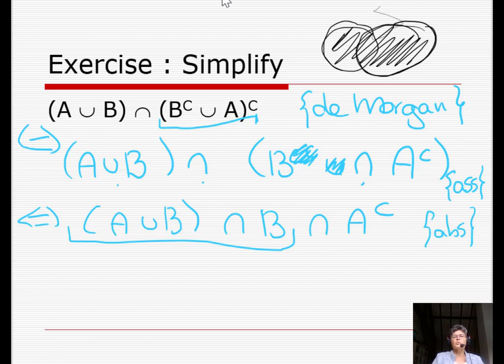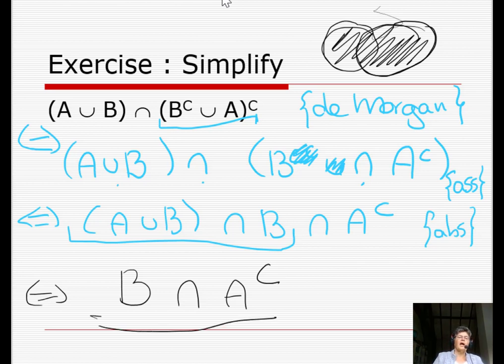Then the absorption law tells us that it goes back to B. So the absorption law says now that this complete part can be changed into B intersected with A complement. And now we have an elementary form. You can't change it any further. So apparently this very complicated thing here is changed into B intersected with A complement.